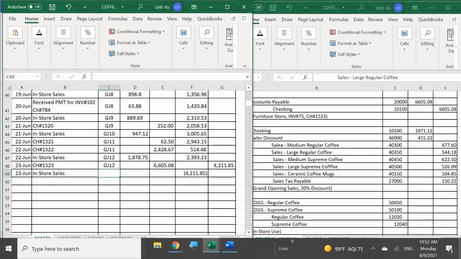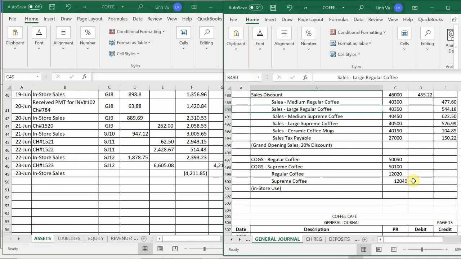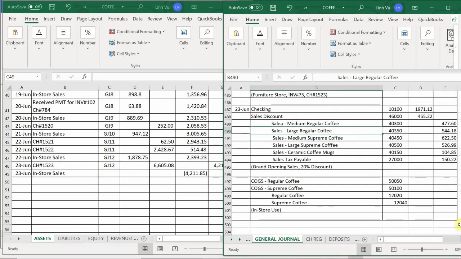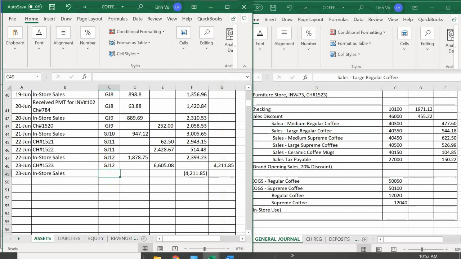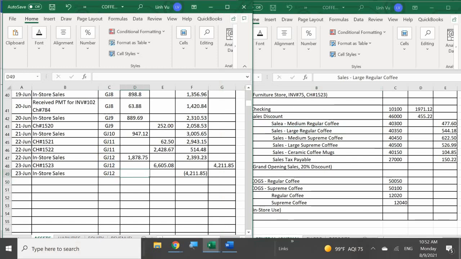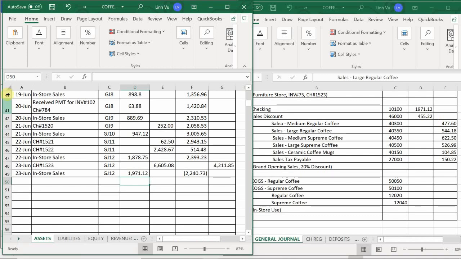Okay. I believe I'm still on general journal. Actually, let's check this. I think we did move on. No, we are still on general journal 12. And we just deposited our 1971 and 12 cents to our bank account. So that still leaves us with $2,240.73 that we still owe.